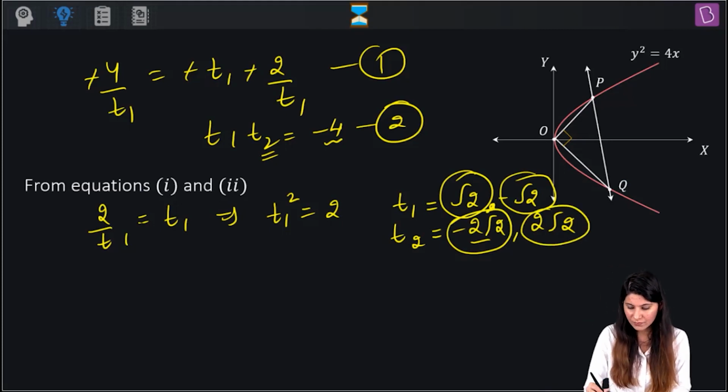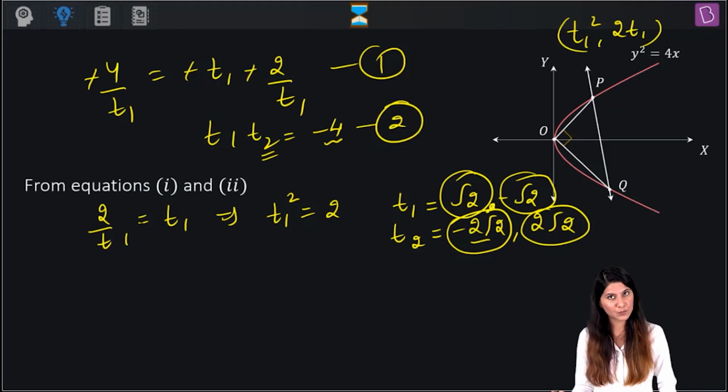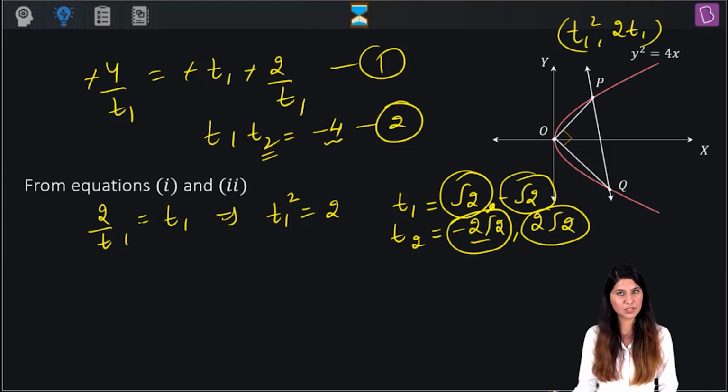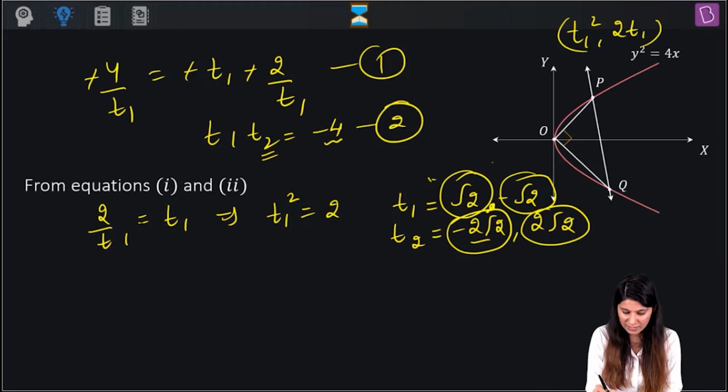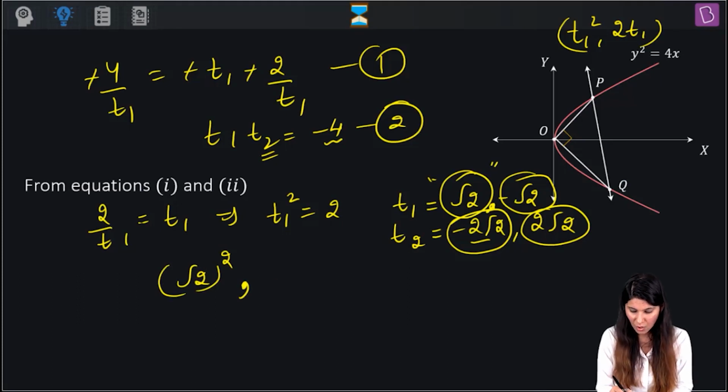You know A is 1, so T1 square comma 2T1 are the coordinates of point P. Let's substitute those values. Point P will be root 2 square comma 2 root 2.